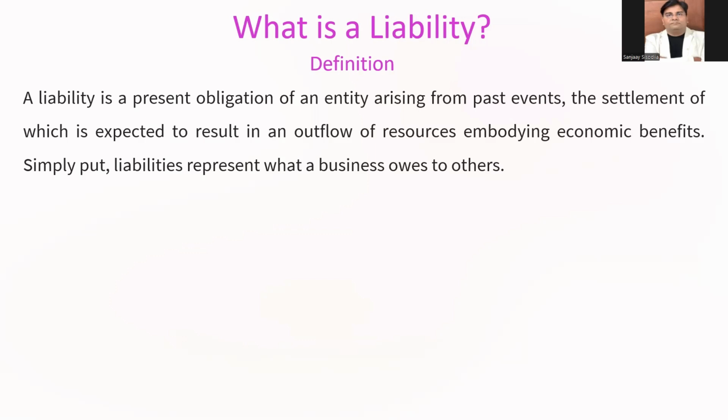And this liability is arising from a past event. What was the past event? Purchasing of goods. Now, when we want to settle this liability, outflow of resources will happen and it will have economic benefits.